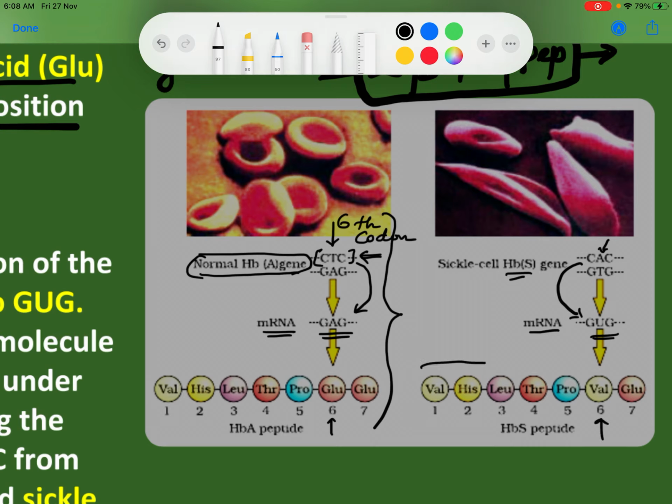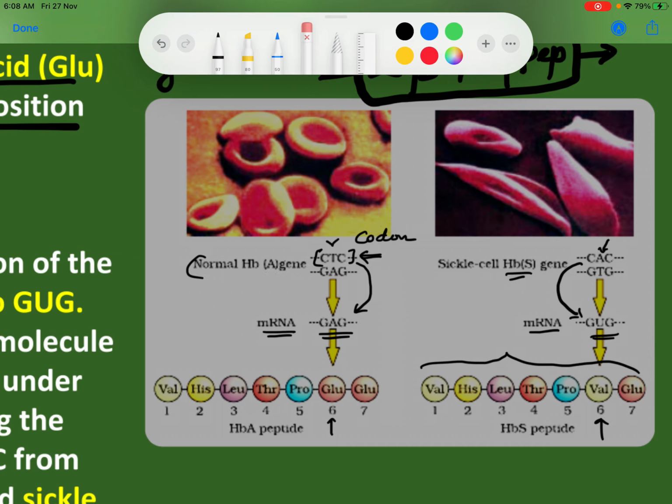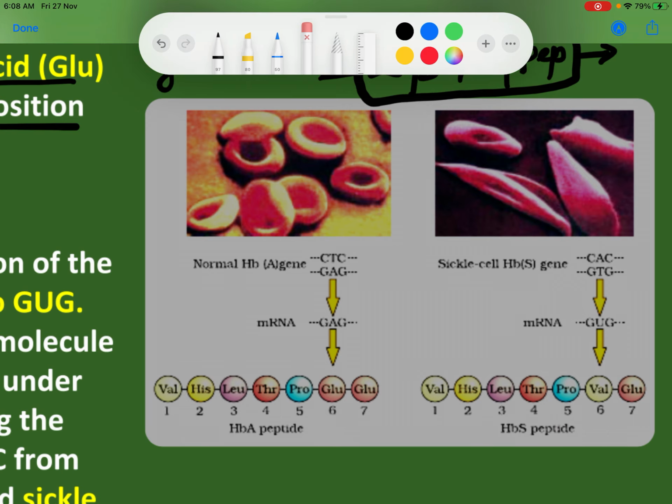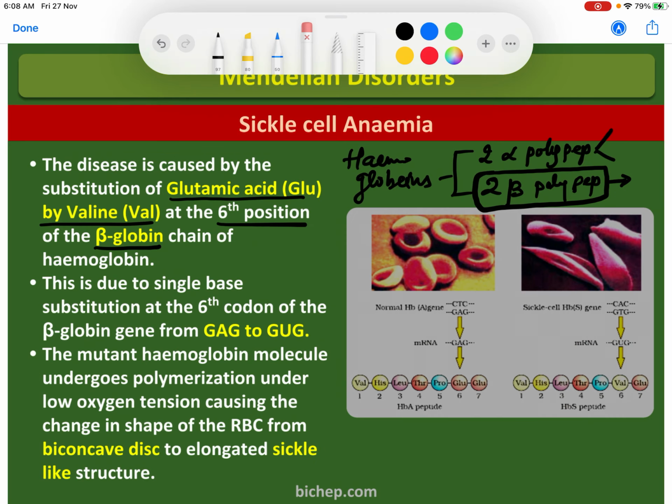So this entire protein is no more responsible to serve as beta polypeptide. It is slightly different protein than the normal beta globin.